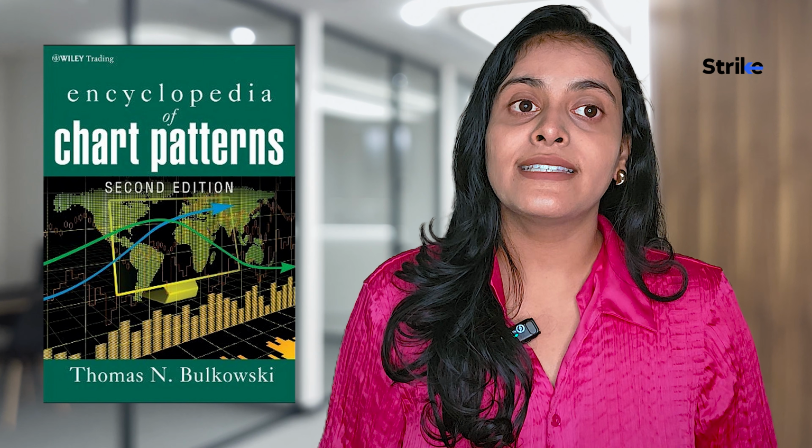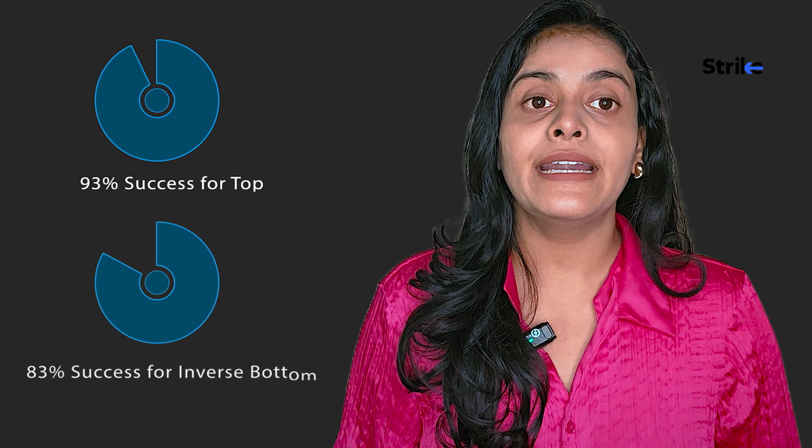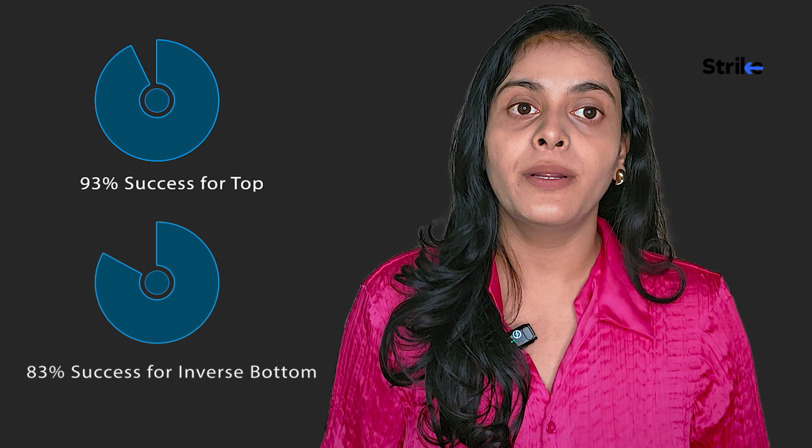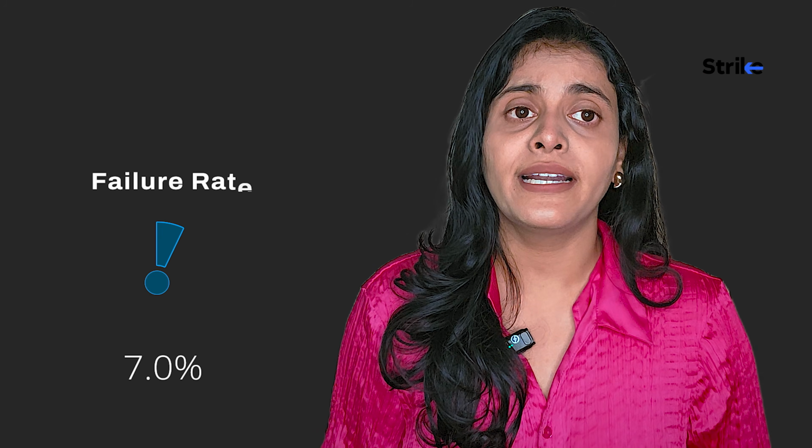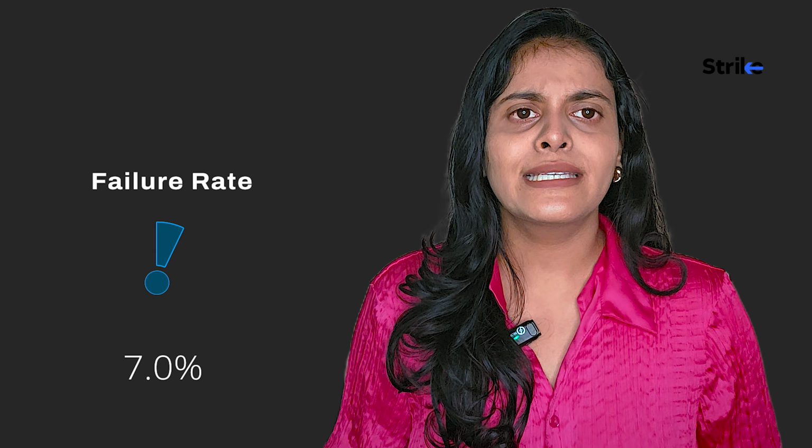Thomas Bulkowski's Encyclopedia of Chart Patterns, second edition of 2005, documented a 93% success rate for head and shoulders tops and 83% for inverse head and shoulders bottoms across 38,500 occurrences, updated 2021 to 2023. Research by Bulkowski tracking post-2008 market regimes revised the failure rate to approximately 7% for tops, still exceptionally low, reflecting the greater algorithmic participation in modern markets.